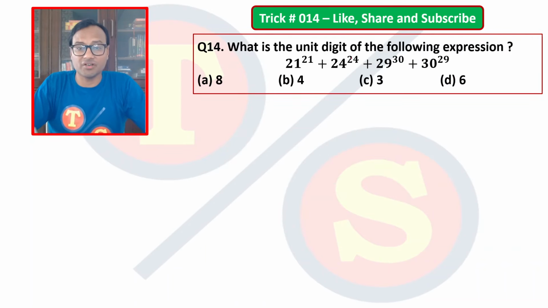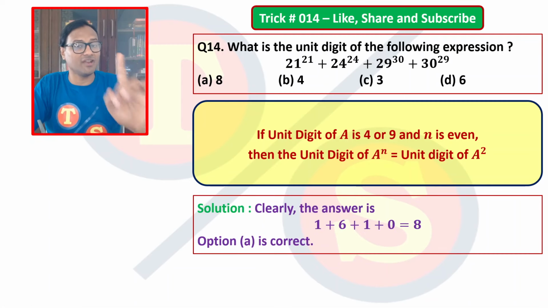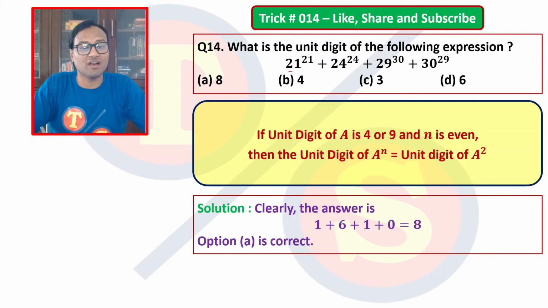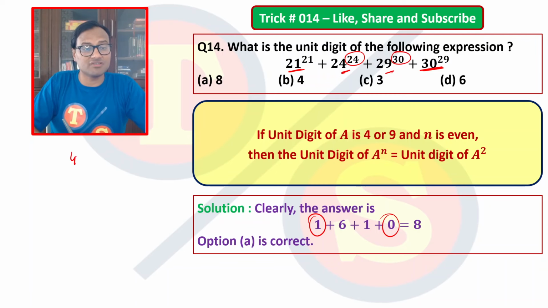Then question number 14. What is the unit digit of the following expression? So up to this point, we have already learned that if the unit digit of any number is 1 or 0, then the unit digit will never change. So first number, the unit digit will be 1. Last number, the unit digit will be 0. Then we have another rule: whenever our base has a unit digit of 4 or 9 and the power is even, then we will always consider 4 square and 9 square.